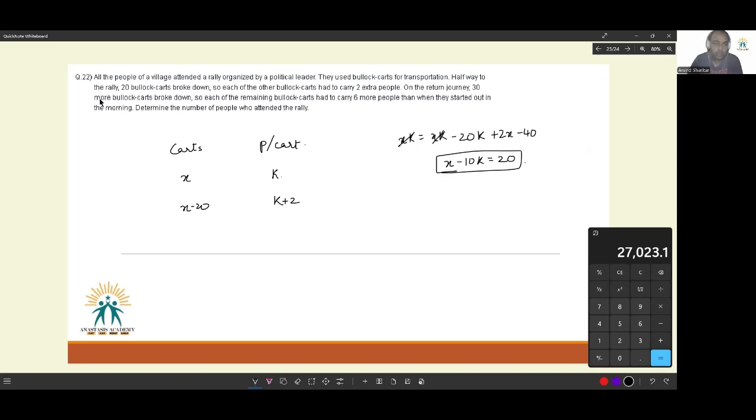On the return journey, 30 more bullock carts broke down. So X minus 50. So each of the remaining bullock carts had to carry 6 more people than they had started out in the morning. So K plus 6. So again, XK is equal to XK minus 50K plus 6X minus 300.